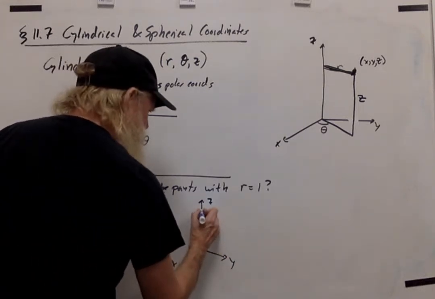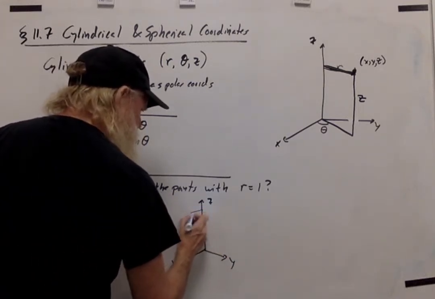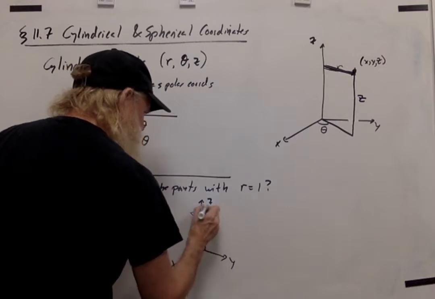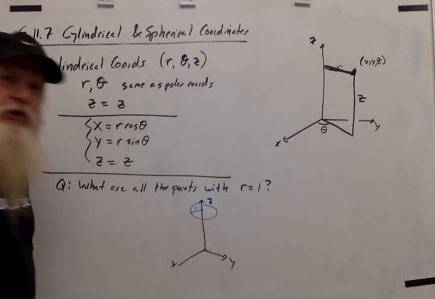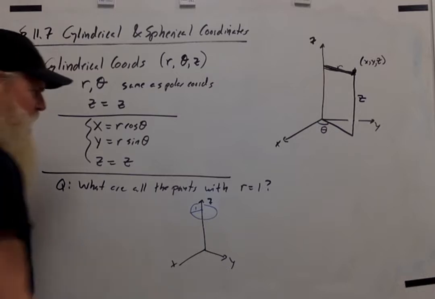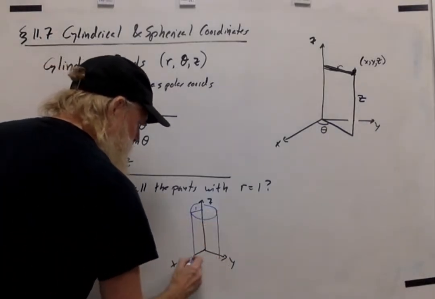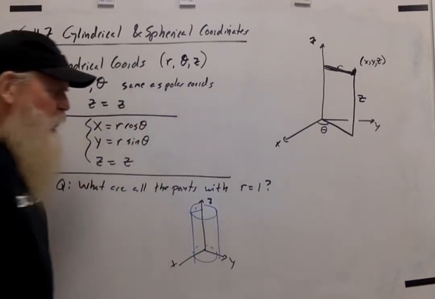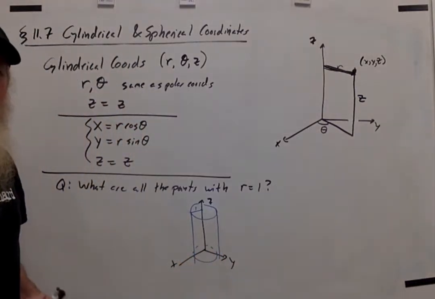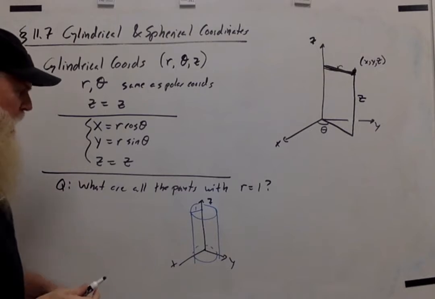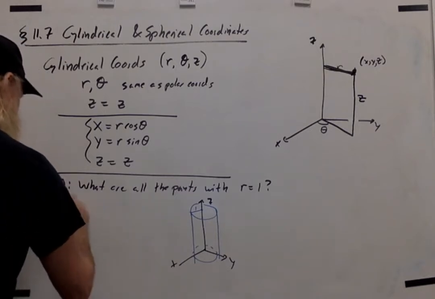Well, for any particular z-coordinate, the points that are 1 unit away from the z-axis are going to form a circle of radius 1. And since z can equal anything, this is going to give us a cylinder of radius 1 around the z-axis.